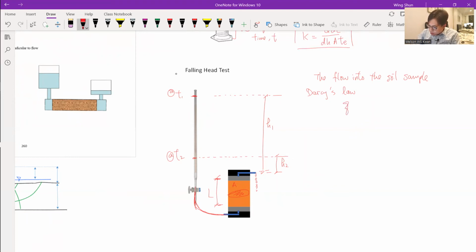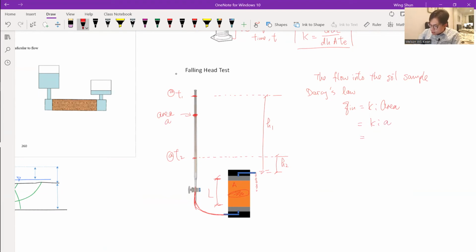So we call Q in equal to k i a, and this time the area is the small area of the pipette, small a.